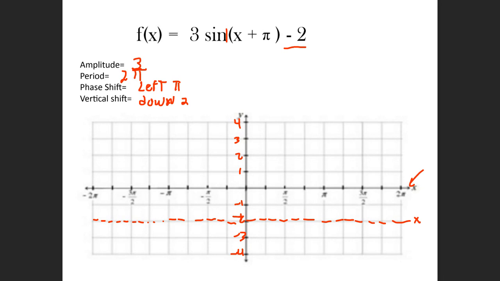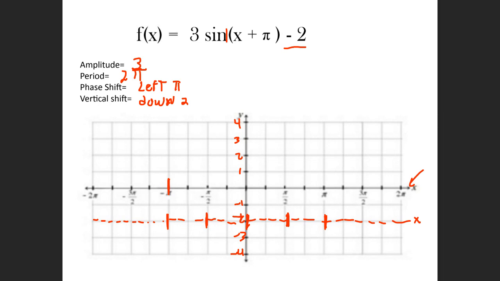So this is where I'm going to start. Well, to tell you the truth, I'm going to start here. And then this is a sine function, so I'm going to break this into 4 equal intervals. So 1, 2, 3, 4. I'm going to go up 3. So I start here at 0.